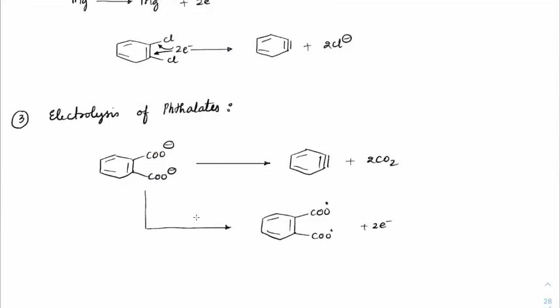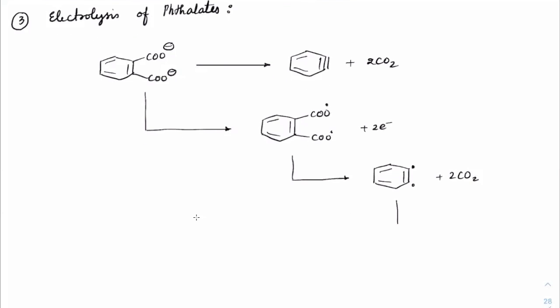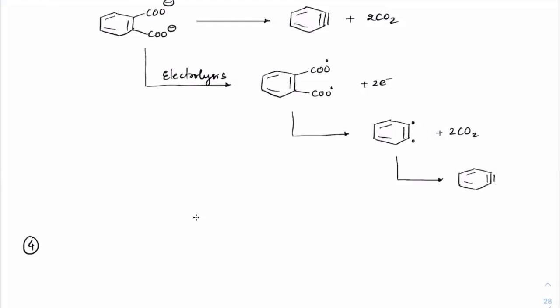And COO species are unstable. They will come out as carbon dioxide, leaving behind the radical. So one radical here and one radical here plus 2 CO2. And these radicals will terminate to form benzyne. So if you check out the mechanism, this is how exactly it happens.